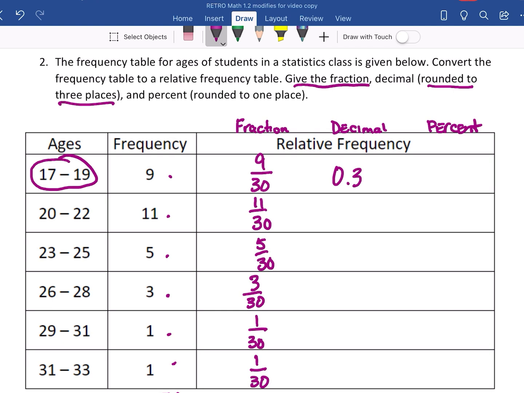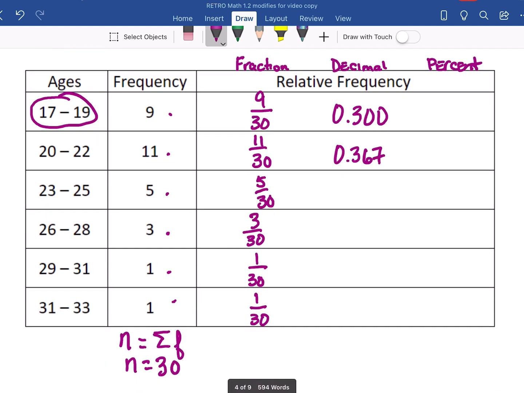But since it said round to 3 places, I'm going to go ahead and add a couple of zeros after that. 11 divided by 30 is 0.367, because I got 0.36666, and if I'm rounding to 3 decimal places, then I had to round that one in the thousandths place up. 5 out of 30 would be 0.167. 3 out of 30 would be 0.100.